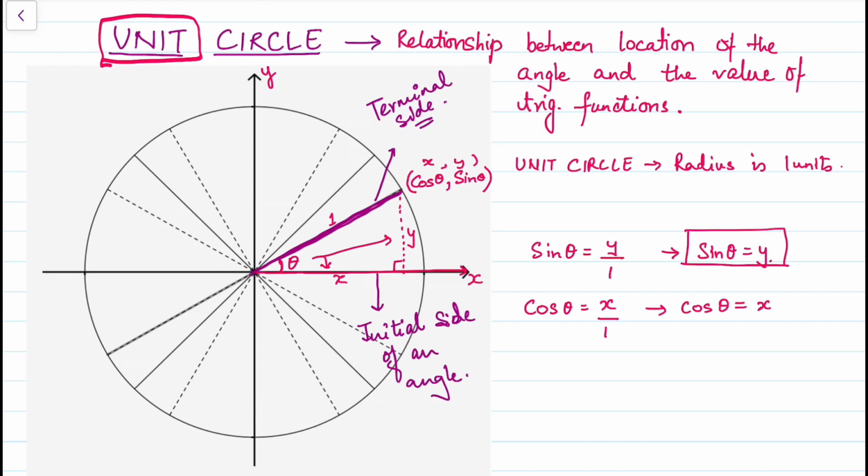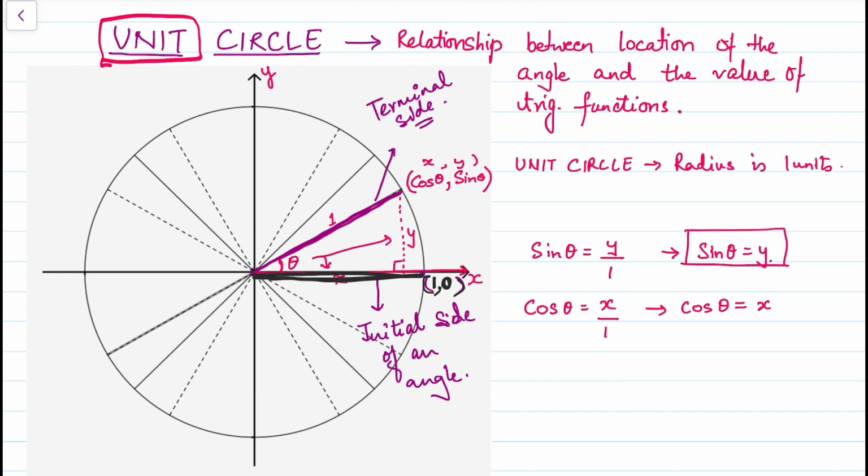Okay, so far we have found the x and y coordinates, which are cos theta and sine theta. Now we know that the radius is 1, right? So at this point we can find the coordinates of this point as well. The x-coordinate here is 1 because it's the radius, and the y-coordinate is 0, all right?